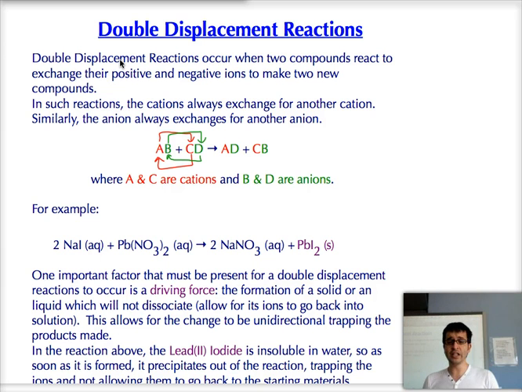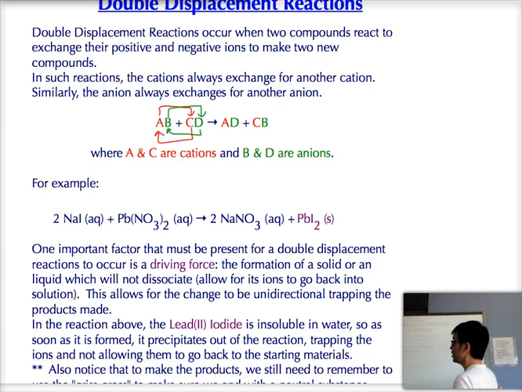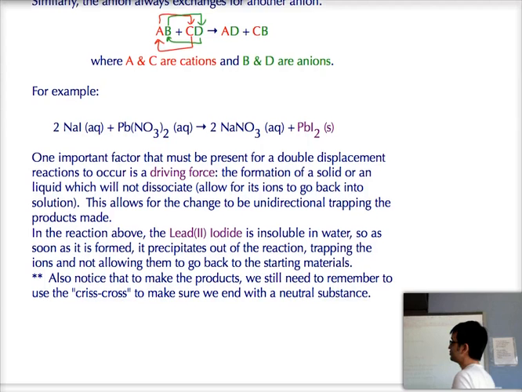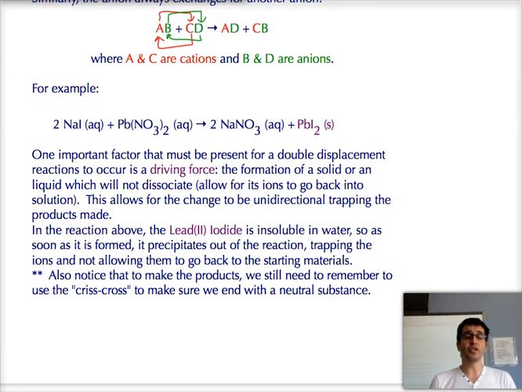In the case here of sodium iodide solution reacting with lead 2 nitrate solution, alright, is going to give you two different products. It's going to give you a solution of sodium nitrate, and it's also going to give you lead 2 iodide as a solid.